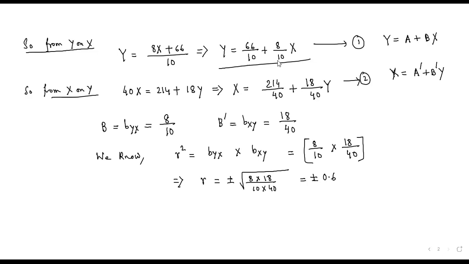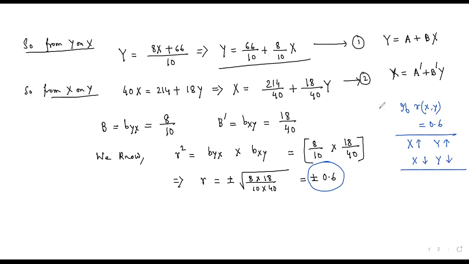So you see, actually two possibilities are coming. One possibility is that the correlation between the two variables capital X and capital Y is either 0.6 or minus 0.6. So if Rxy is 0.6, at least we know that X and Y are moving in the same direction.